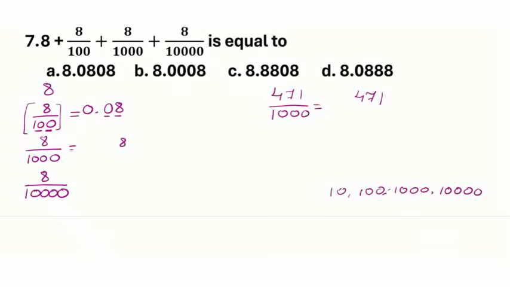Only such numbers. It should be a power of 10. If it is 200 or 300, it is not applicable. Okay. So here in 1000, I got three zeros, means there should be three decimal points in the decimal answer. So 1, 2, 3, put a point, then 0. So 471 by 1000 is equal to 0.471.